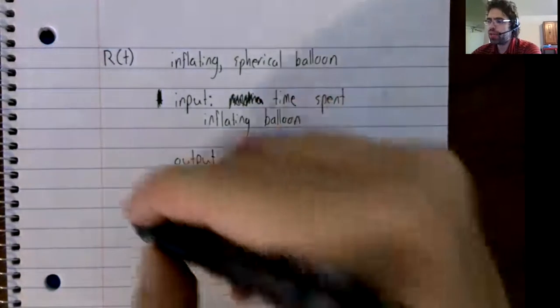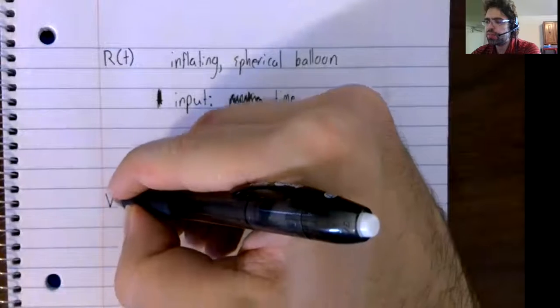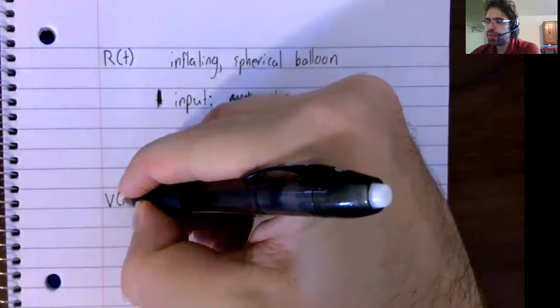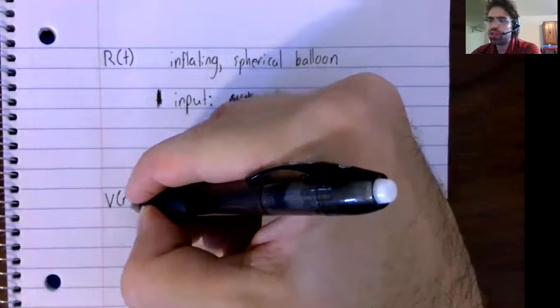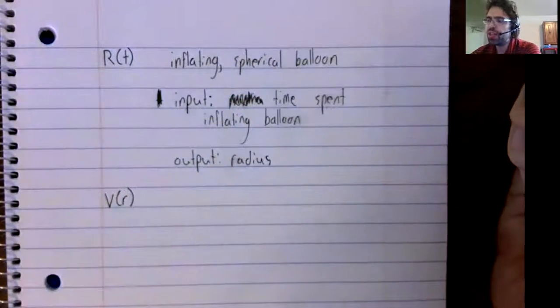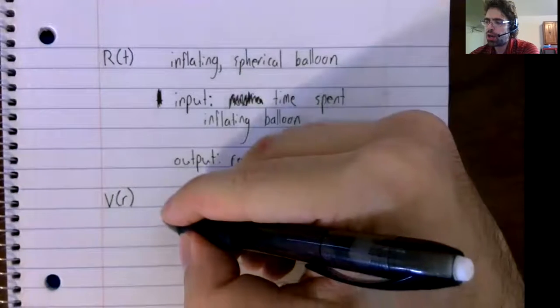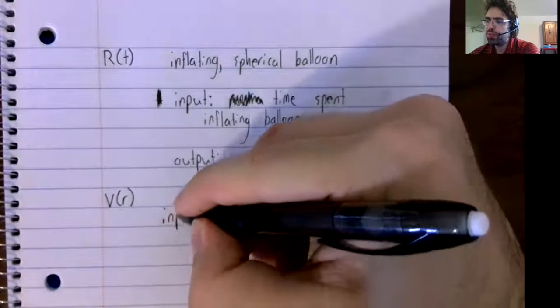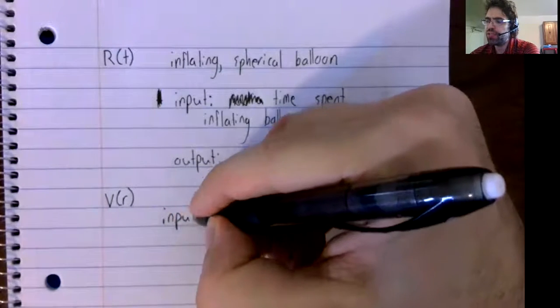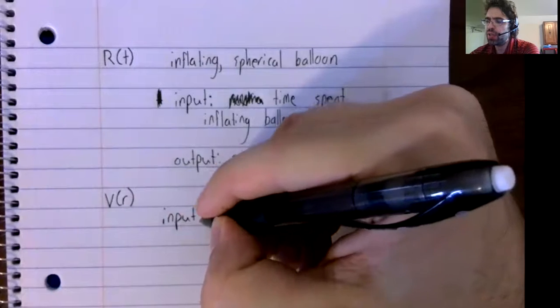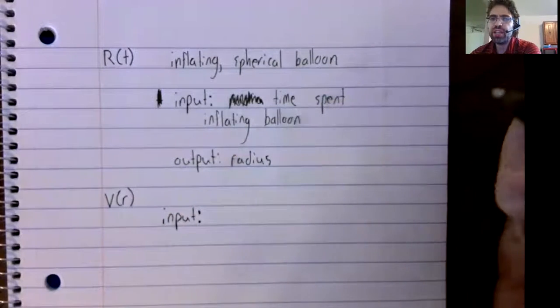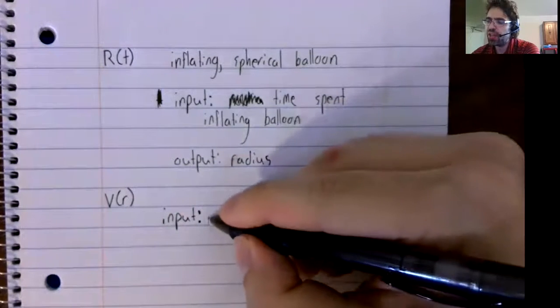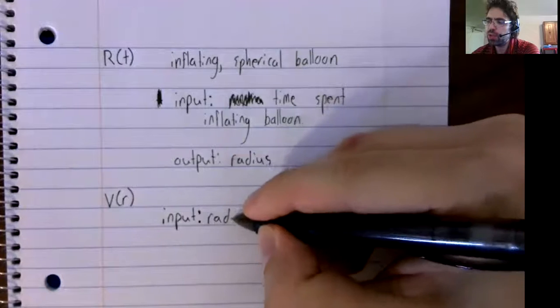Very well. Now let's define a second function, v of r. This balloon is a sphere. It's got a radius and a volume.